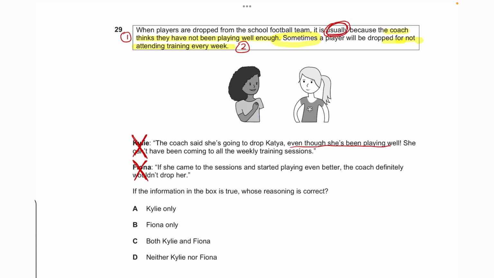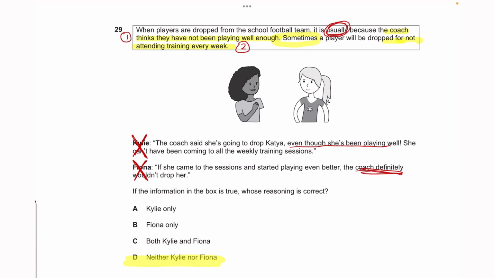It says it is usually because. We don't know, there might have been another factor as to why the coach dropped her from the football team, and so that's why Fiona's reasoning is wrong, because she's saying that the coach definitely dropped her for this reason. And so whose reasoning is correct? Our answer to this is D.